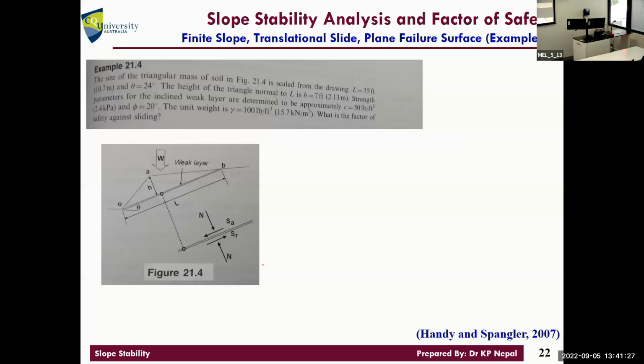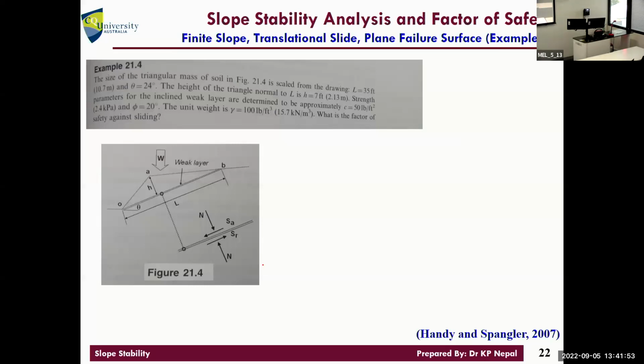L is 10.7, so from here to that point, the length of this is 10.7. And then theta, the angle of the failure plane, is how much? 24. The height of the triangle normal to L is 2.13, just to calculate the area of this triangle.